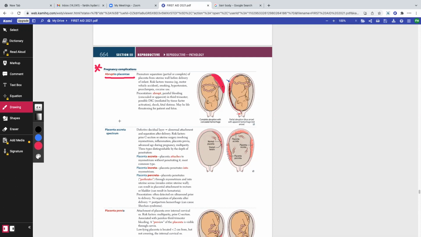Now, what are the clinical features? First and foremost, let's talk about why we get abruptio placenta. Whenever we have a USMLE Step 1 question, first and foremost, do we have the age of the patient? Fast answers, please. Yes. Do we have the sex of the patient, male or female? Yes. Do we have the clinical features of the patient coming to your clinic with this problem? Yes.